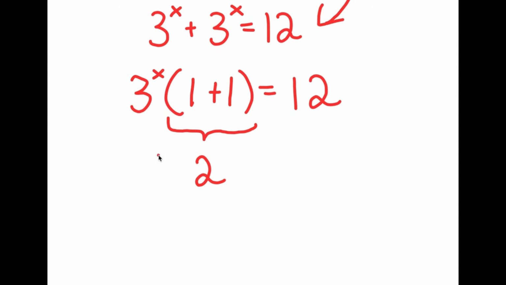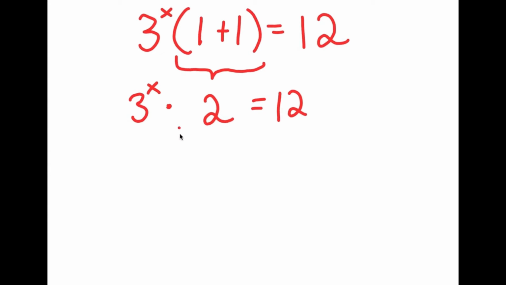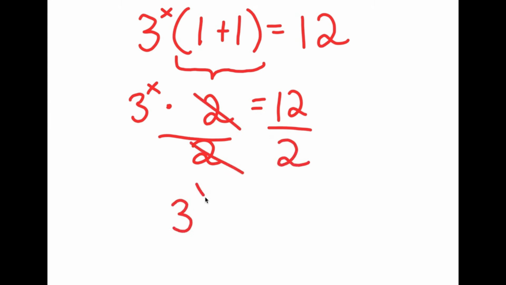So I get 3 to the power of x times 2 is equal to 12. Now from here, I'm going to divide both sides by 2. So then these two cancel out, and I get 3 to the power of x is equal to 6.